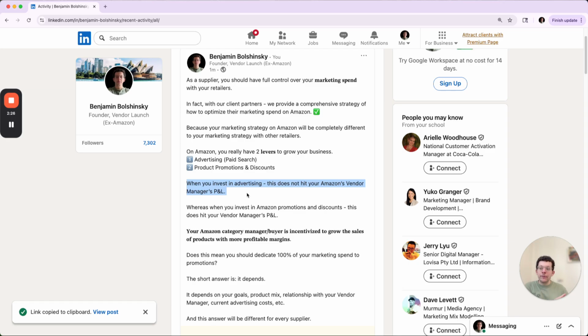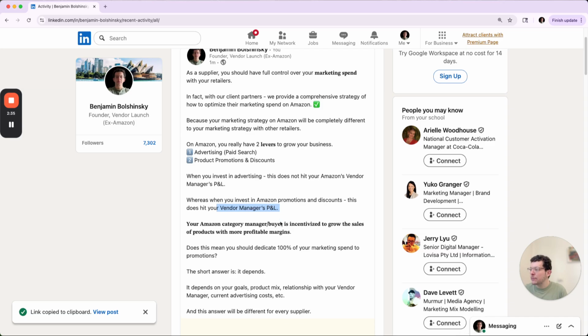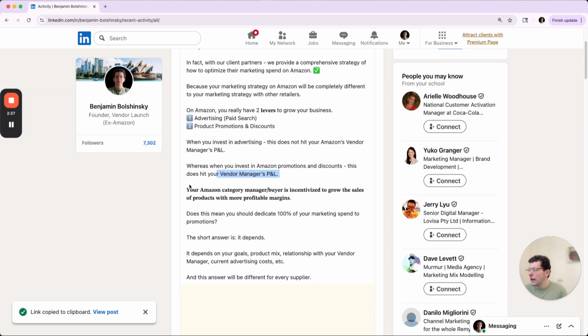It's a completely separate business unit, retail media, advertising. Whereas when you invest in Amazon promotions, discounts, this does hit your vendor manager's P&L. Therefore, your Amazon category manager, buyer, vendor manager, all means the same thing, is incentivized to grow the sales of products with more profitable margins, right?